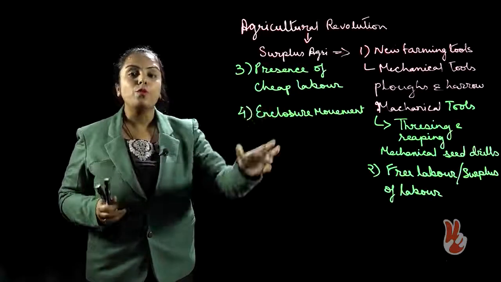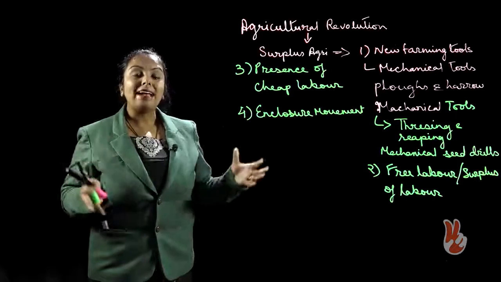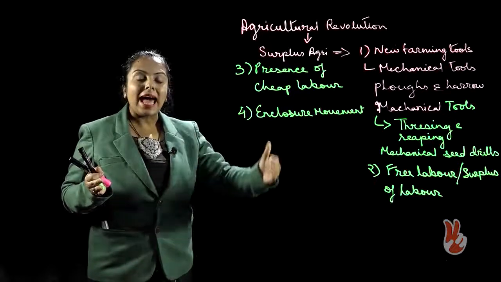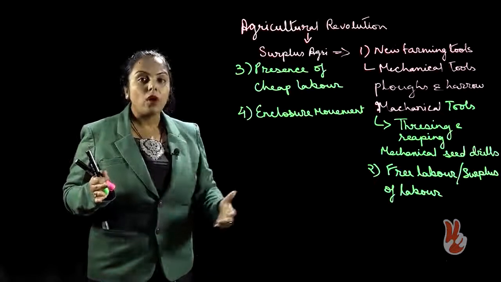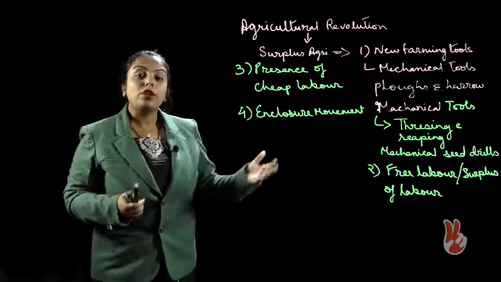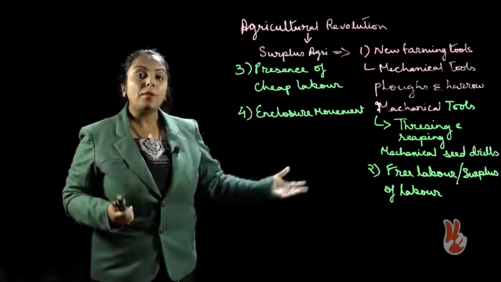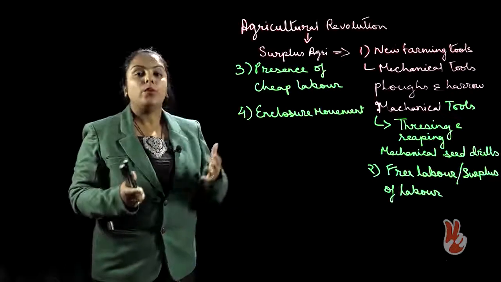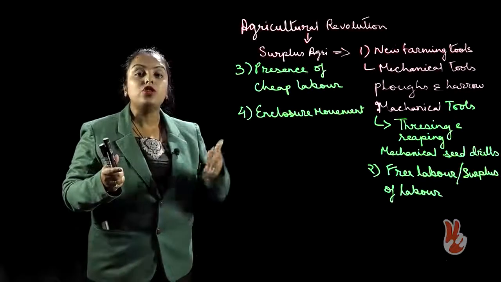Under this movement, these large landholders started bringing under their control the marginal lands, or the land in the village which was not used for any other purpose, which was named the common. These lands were used within the agricultural sector.